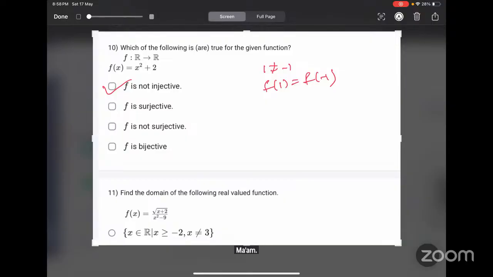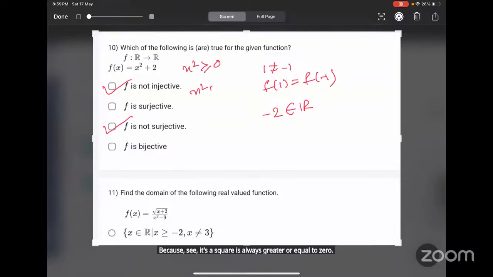Ma'am, it is surjective. So can we find any pre-image for minus 2? Minus 2 belongs to the codomain, right? Is there any pre-image for minus 2? No, ma'am. So it will not be surjective, right? Ma'am, it's not surjective because x square is always greater equals to 0.